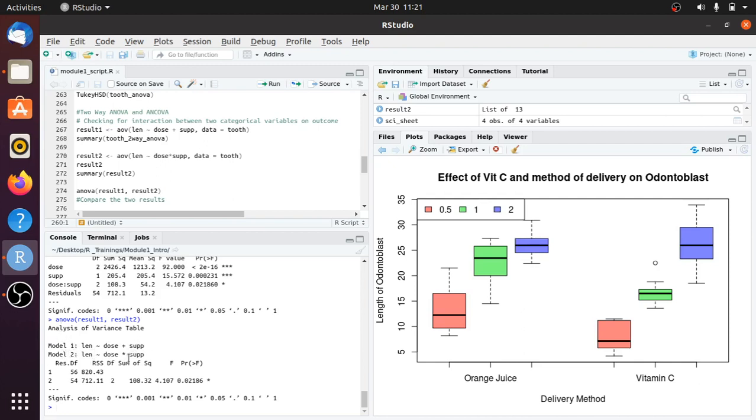Here, length dependent on dose times sub. It's giving you all this stuff here. Now, if you observe, you will see that the result here and here is the same thing. So there's interaction between the dose and the delivery method, and it is statistically significant at 0.05.